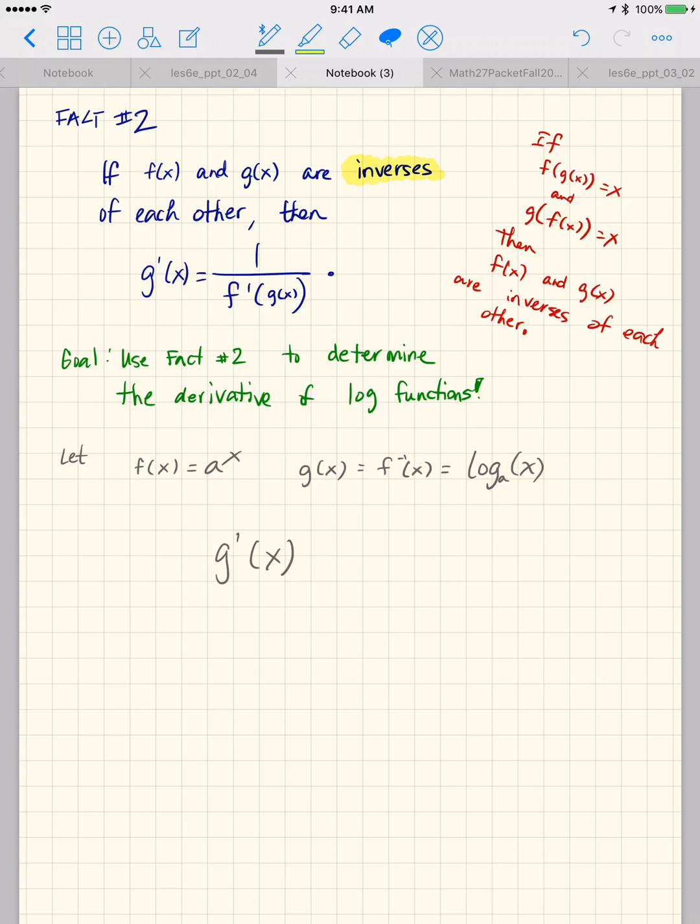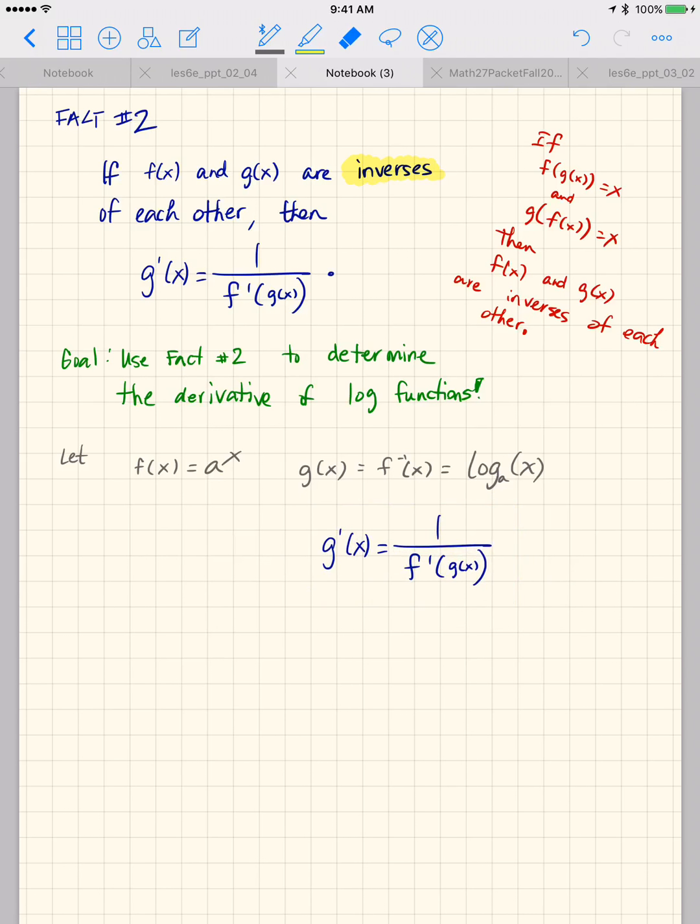Now using fact 2, we'll get that g prime of x, let me just copy and paste it here. So g prime of x is equal to 1 over f prime of g of x.